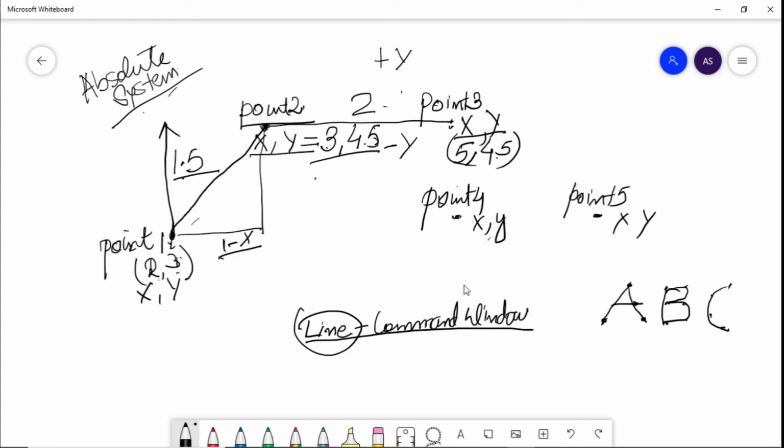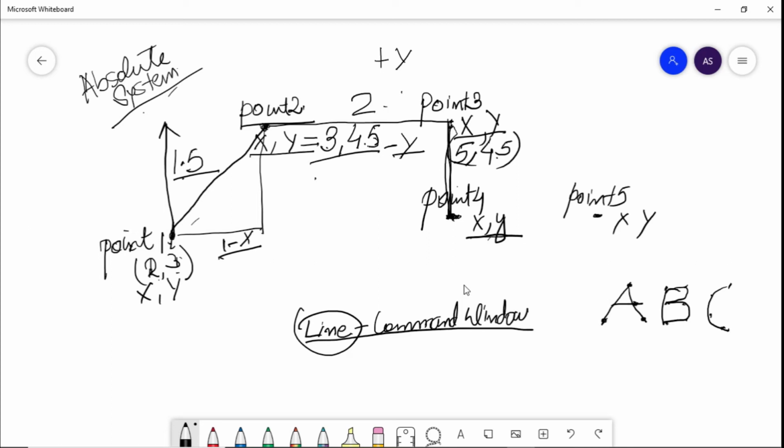Now from this point we are moving in the negative direction. It means now at point number 4 there is a drop in the value of y. It means we have moved in the negative direction.